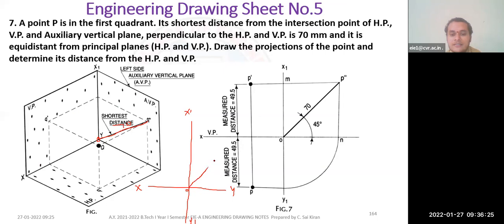Extend this 45 degrees line, and wherever this inclined distance is 70, mark the point. Mark the point as P double dash, because it is a side view, and measure this distance. Whatever this distance, give the same distance to this side, because it is equidistant.